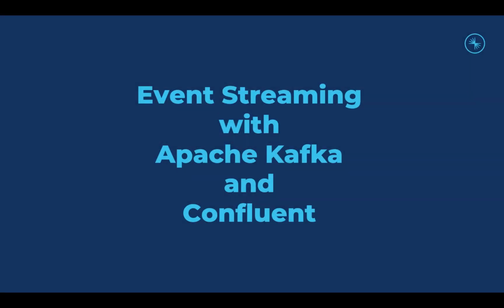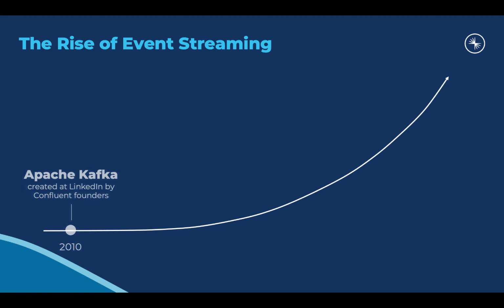Let's get started. First, I want to talk a little bit about event streaming with Apache Kafka. If you don't know that very well, that's important to understand before we talk about hybrid integrations with Kafka, of course. The rise of event streaming has been here for a long time now. Apache Kafka was created over 10 years ago at LinkedIn.